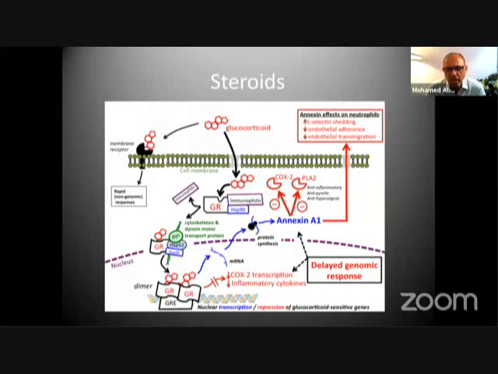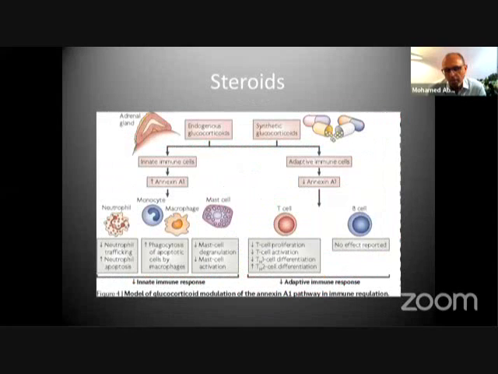The steroid binds to the steroid receptor, and they form a complex that internalizes inside the cell and travels to the nucleus, where it turns gene transcription on and off, thereby inhibiting all activating cells. It does that very quickly, and it inhibits all the members of the immune system. So it's like shutting down the immune system.